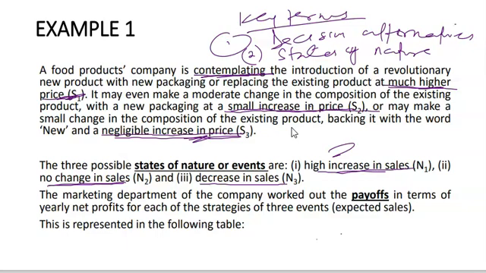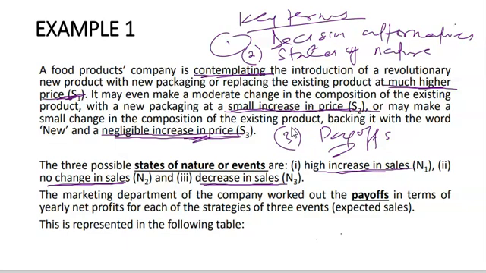Whether the consequence of your decisions is a decrease in sales, N3, you cannot control. The third key item we need is our payoffs. Payoffs are the outcome of the combination of decision alternative and state of nature, a combination of what you can control and what you cannot control.